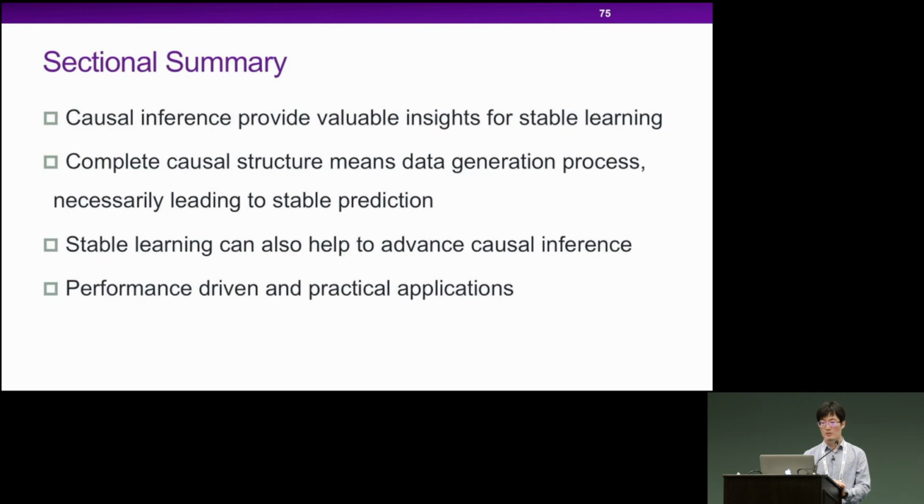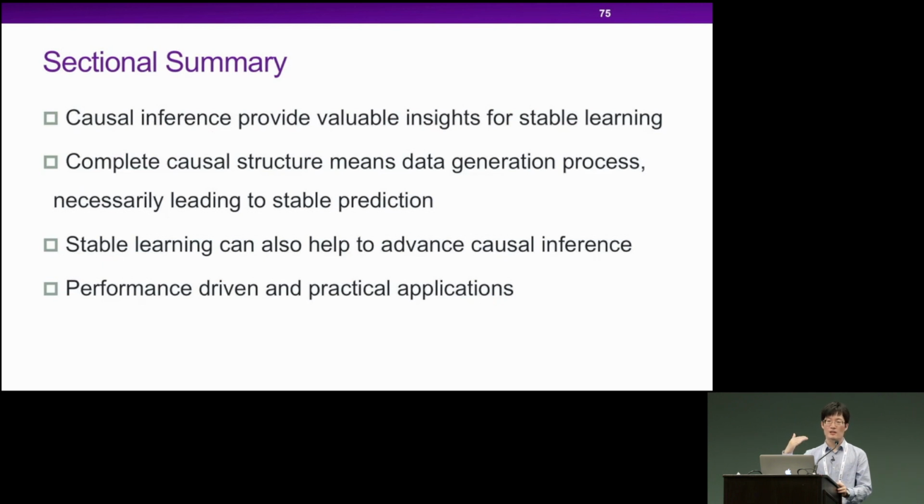But the problem, as I just mentioned, is that we never have the ground truth about the underlying process, right? If we could do that, of course this could solve all of the problems, but we do not have a very good benchmark ground truth to do that. And stable learning, we think, can also help to advance causal inference, because they are just trying to reach the same goal by different means, right?